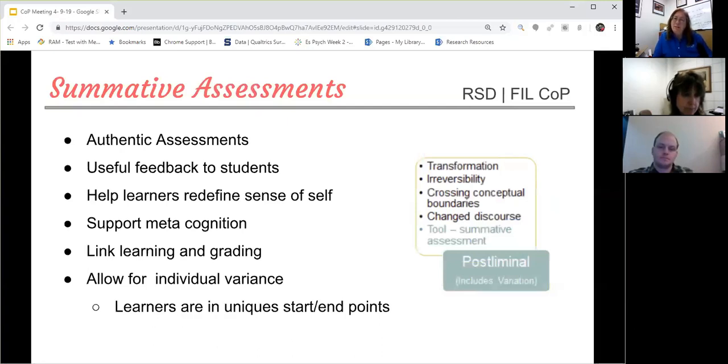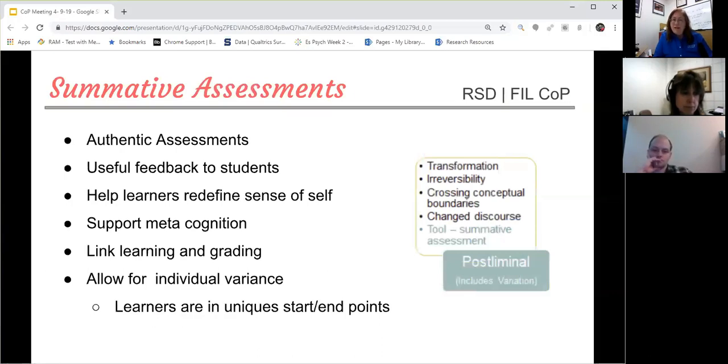As you think about your summative assessments, keep in mind that different individuals have different starting points and may have different ending points. They may not have crossed the threshold; they may still be in the liminal stage. But how can you measure where they are, and allow for individuals' unique gifts, where they start and end, and how much progress they made?